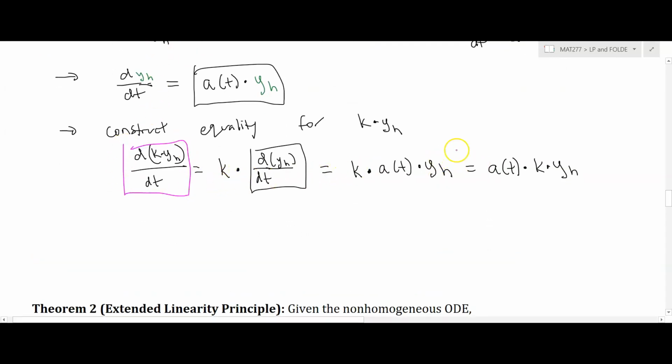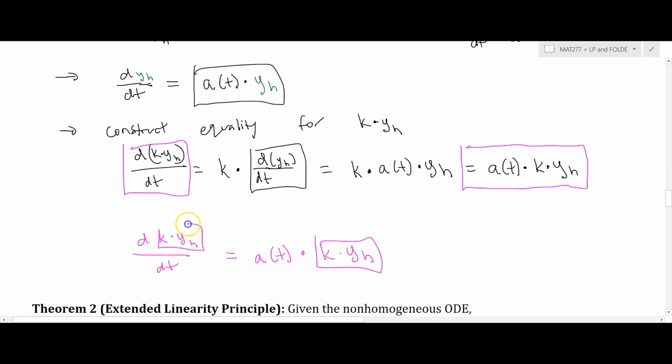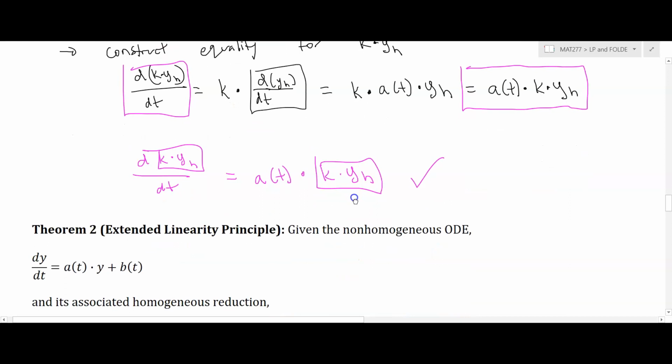Because I have a bunch of equal signs here, and since these things are all equal, it follows that the derivative of k times y sub h is equal to a of t times k times y sub h. And so notice that this and this are identical, and that basically this k times y sub h satisfies the differential equation. So if in our equation I had replaced y sub h with k times y sub h, the equality still works out. And for that reason, this multiple of y sub h is also a solution.